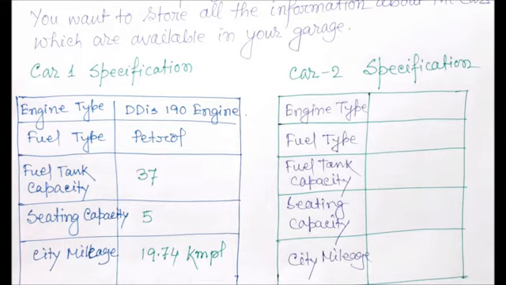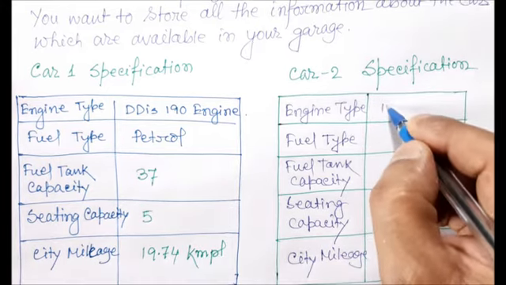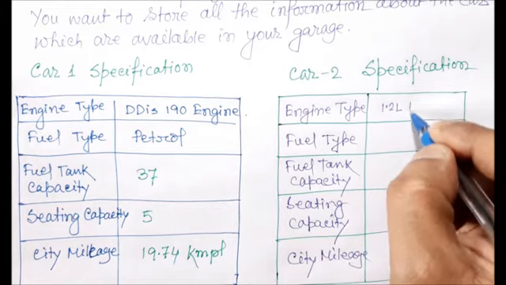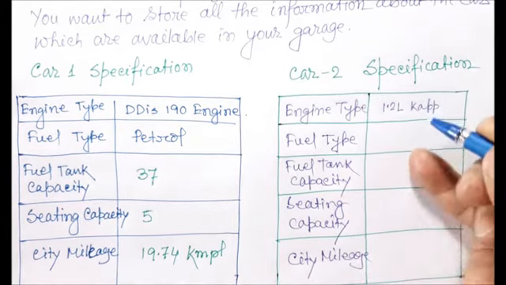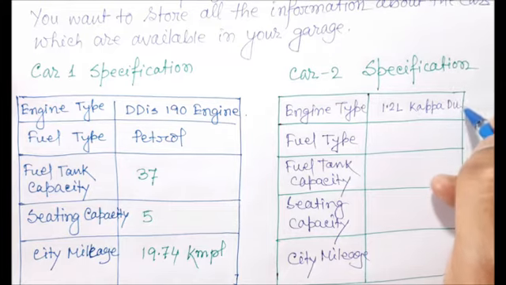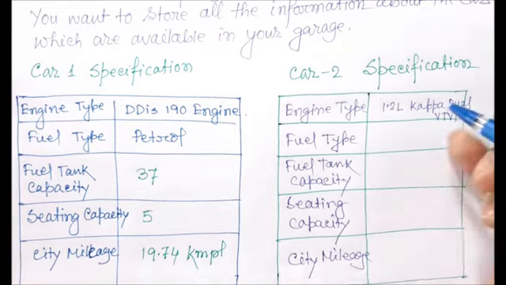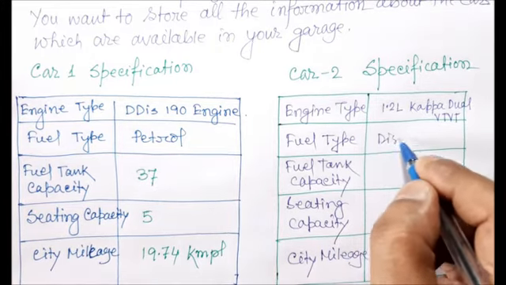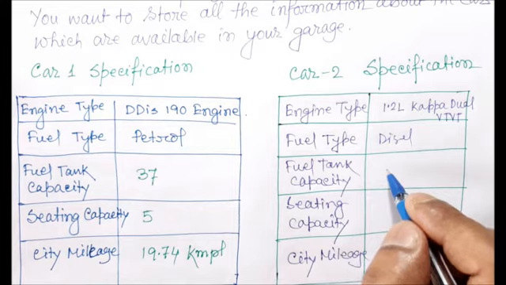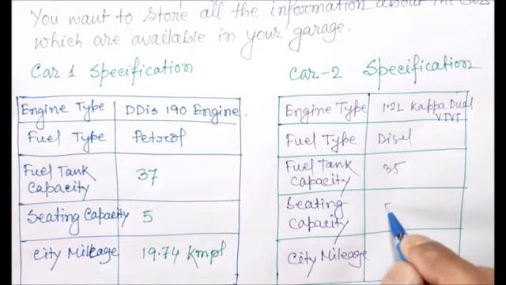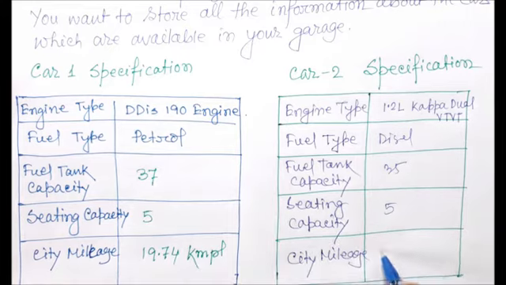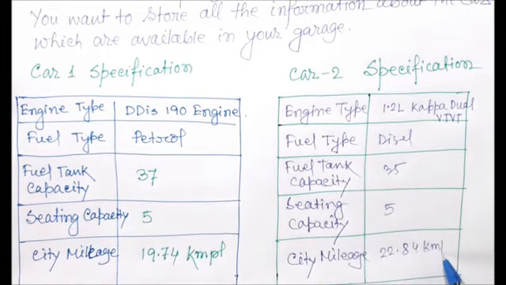Suppose I want to store car 2's information. Here the engine type is, for example, 1.2 liter copper dual VT engine, fuel type for example diesel, fuel tank capacity for example 35, seating capacity 5, and city mileage for example 22.84 km per liter.